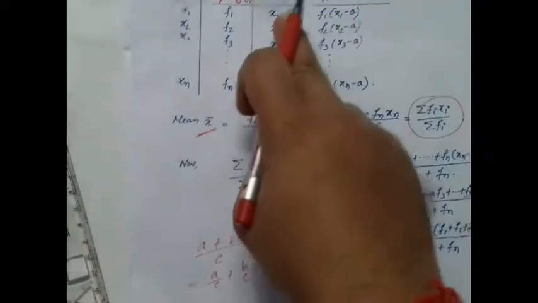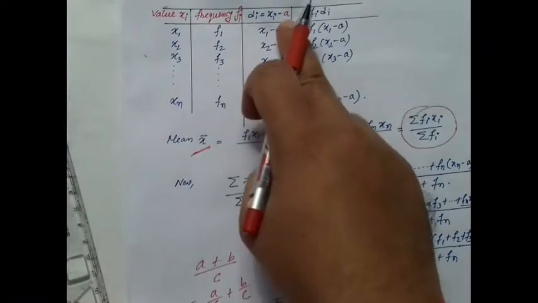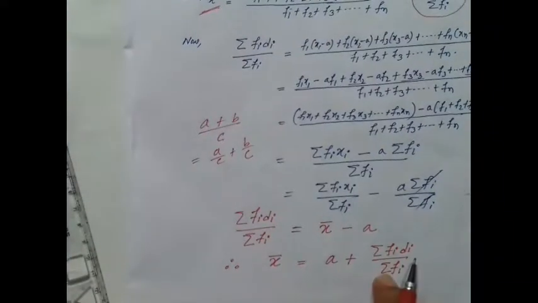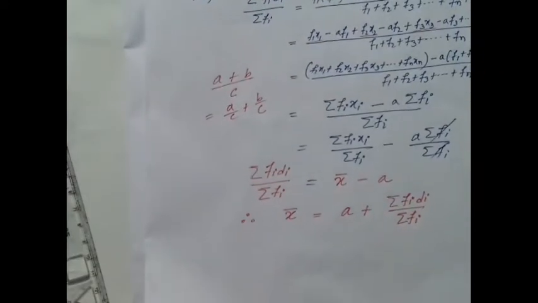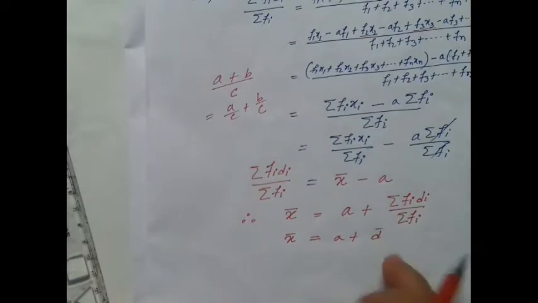When we calculate, we should use this formula: a, what we assume as the mean, plus summation fi di, where we calculate fi di, divided by summation fi. Sometimes it is also stated as x bar equals a plus d bar, where d bar is the mean of all the di values.